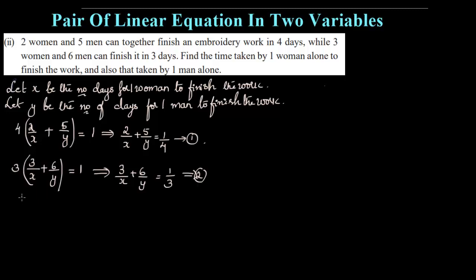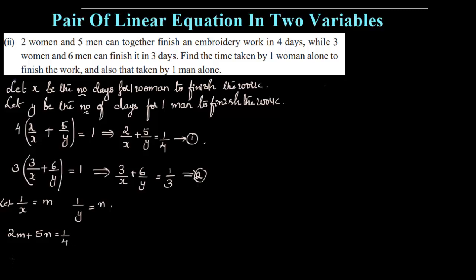So let me write 1 by x is equal to m. Let 1 by x is equal to m and 1 by y is equal to n. So what will be the equation now? 2m plus 5n is equal to 1 by 4.